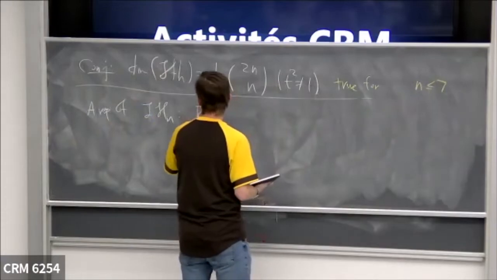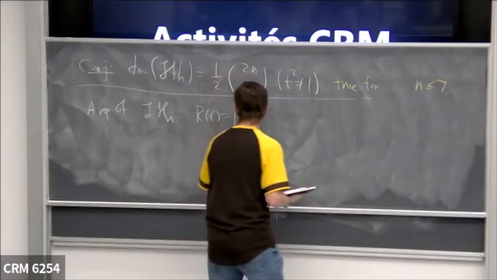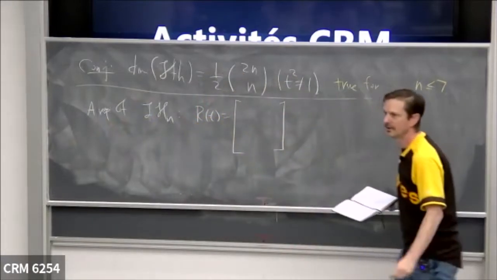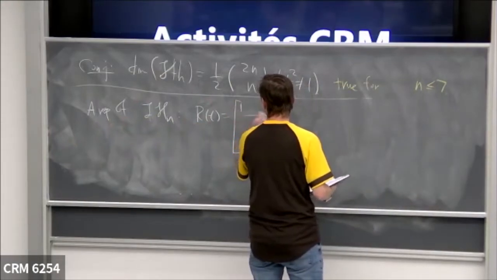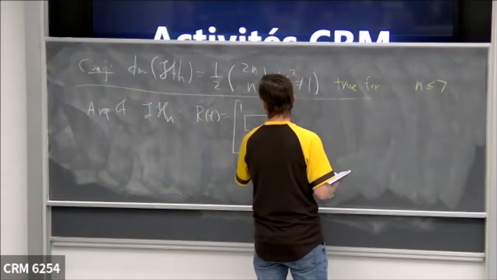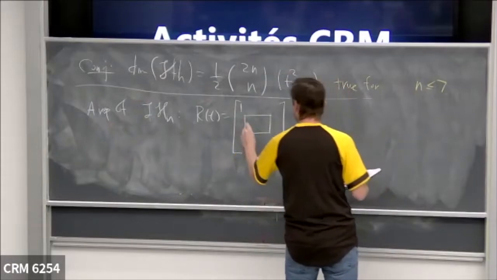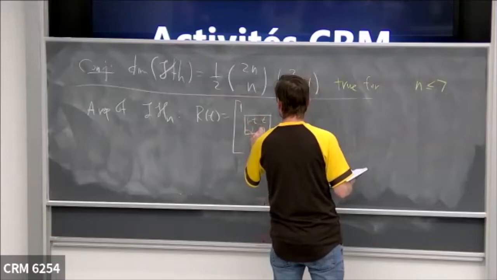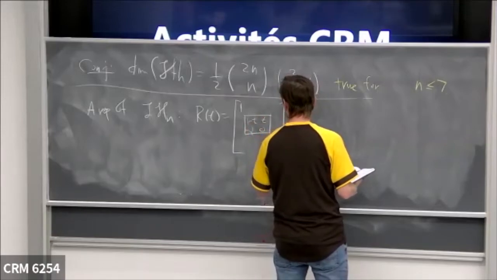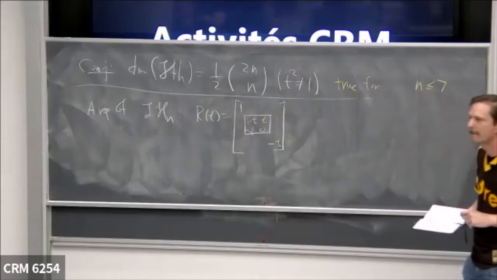So I'm going to define R of t to be the following 4x4 matrix. So it's 1, and then there's a middle square here that I'll describe. 1 minus t, t, 1, 0, minus t, and everywhere else 0. Okay.